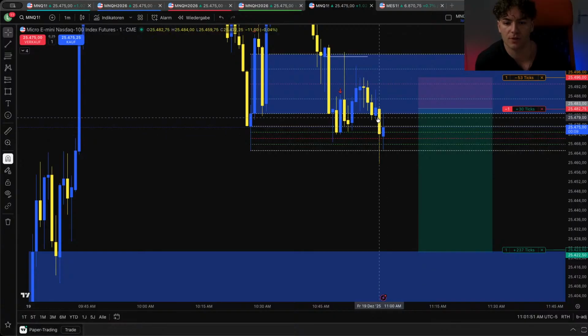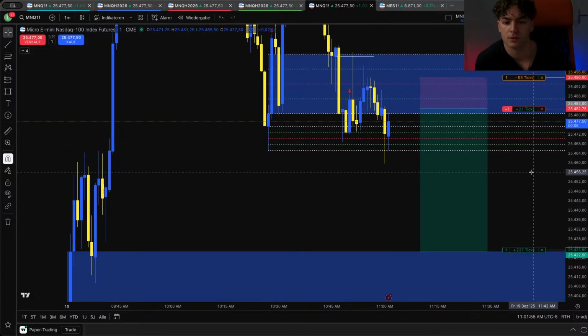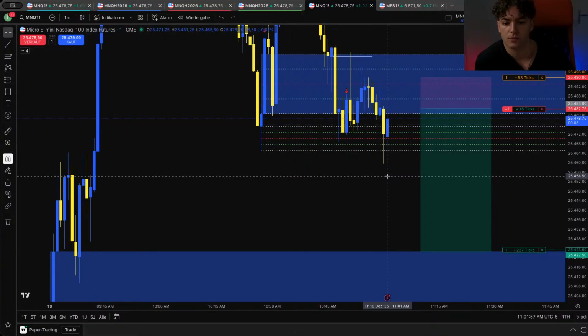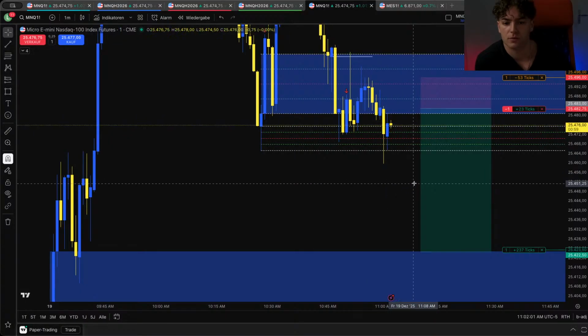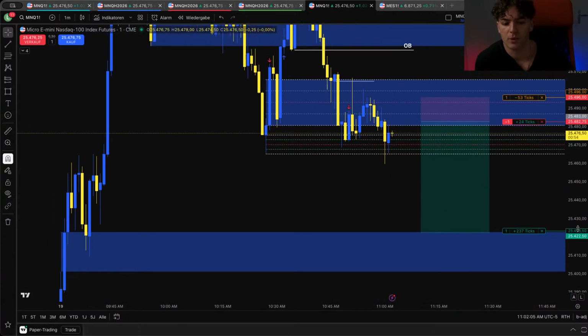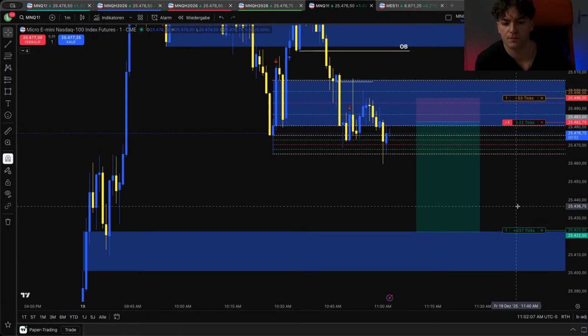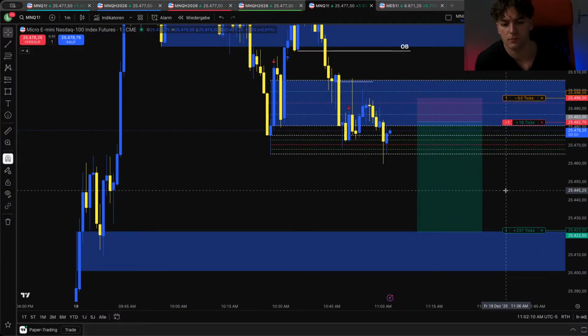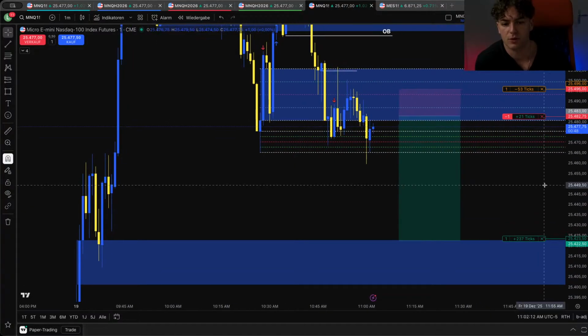Okay, we traded up into order block and inverse fair value gap low level. So we actually want to see price now trade lower. I mean, it's 11:02. I guess we should just commit to the trade.